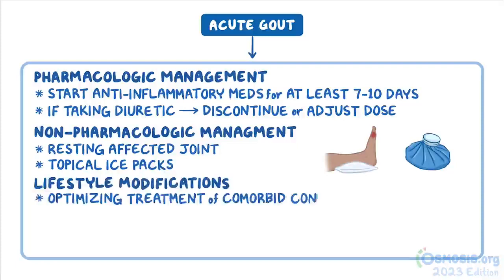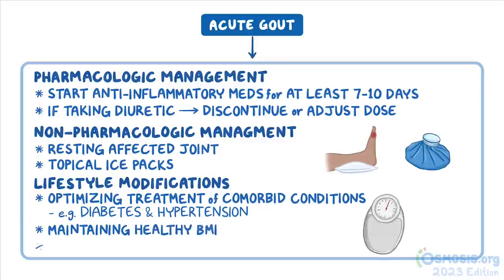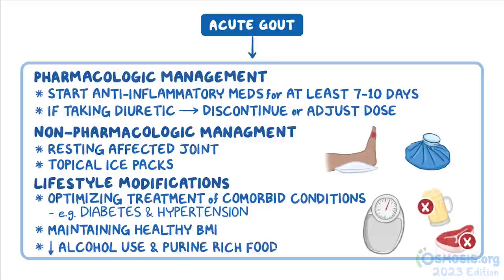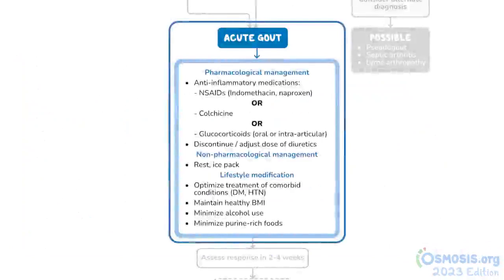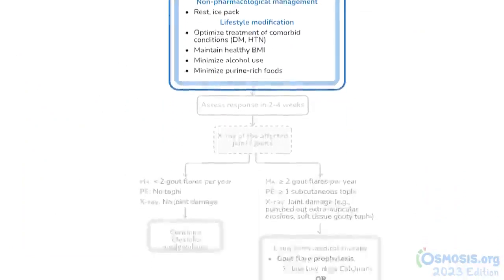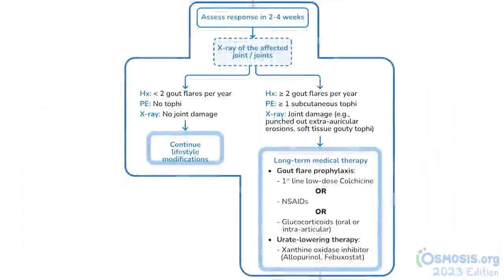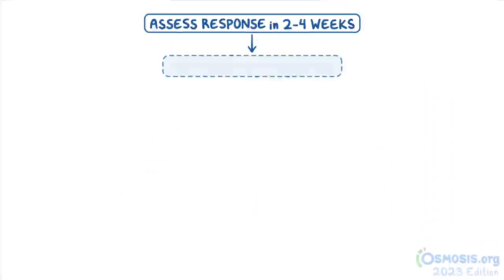All right, now that you diagnosed acute gout, let's turn our attention to management. Within the first 24 hours of symptoms, begin pharmacological management and start your patient on anti-inflammatory medications for at least 7 to 10 days. Commonly used medications include NSAIDs like indomethacin or naproxen, but colchicine can also be prescribed.